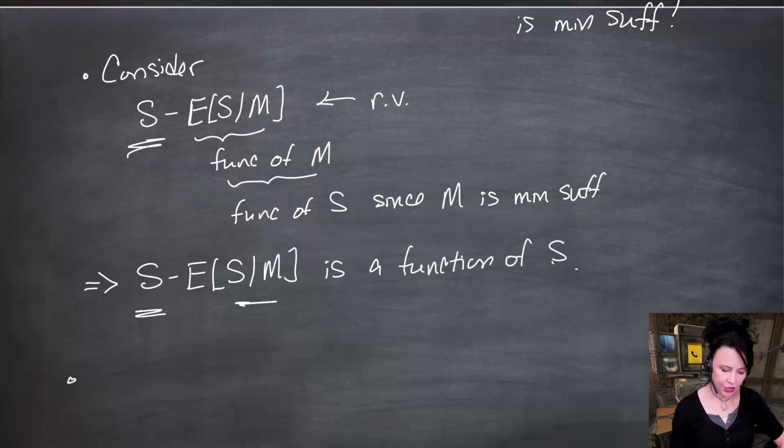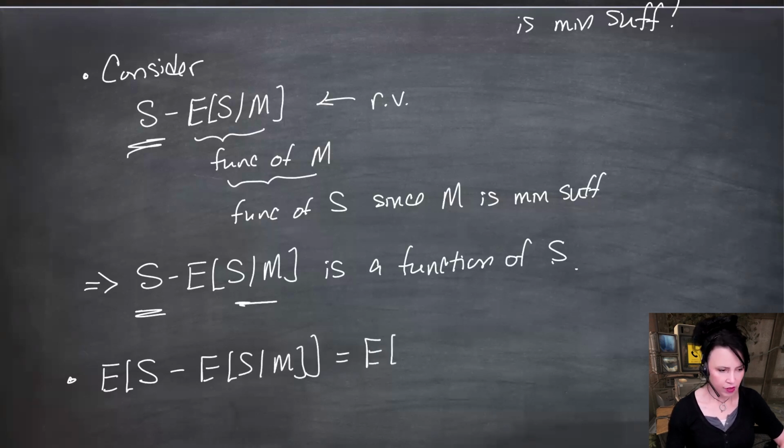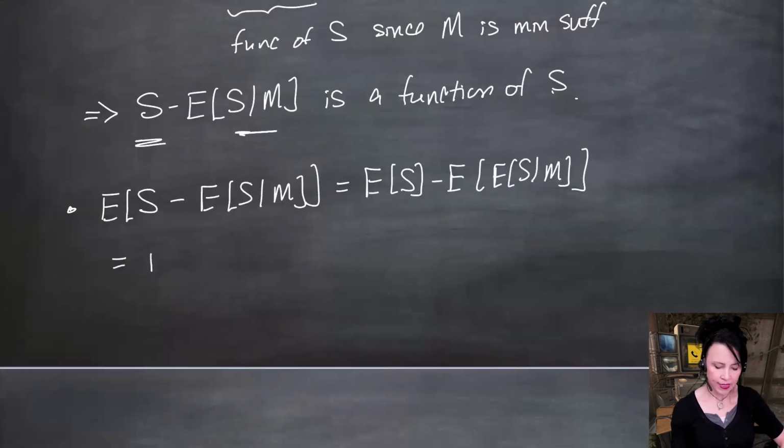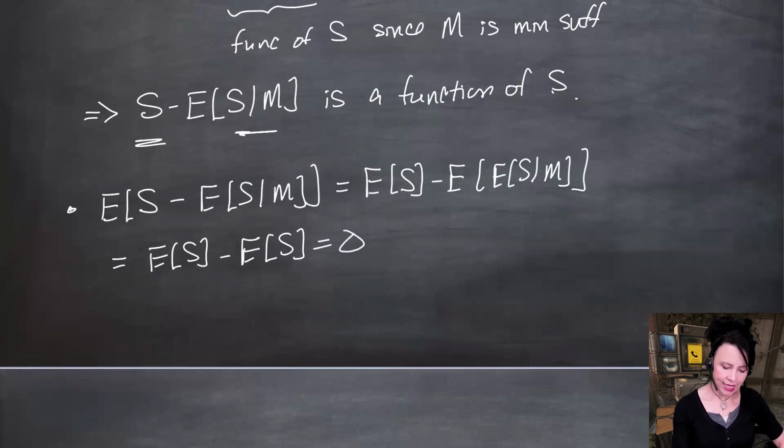I'm going to take its expectation. The expected value of S minus the expected value of S given M is the expected value of S minus the expected value of the expected value of S given M. And we've got our law of the iterated expectation there. That second expectation is just the expected value of S. So we get 0. But inside here, we've got a function of S, like a g of S, and the expectation is 0.